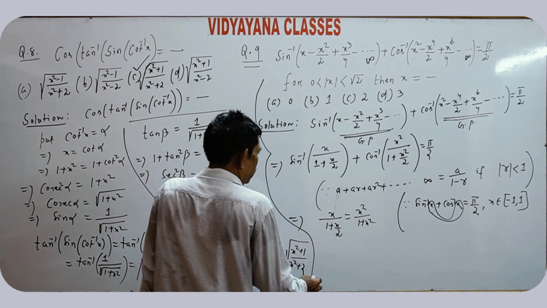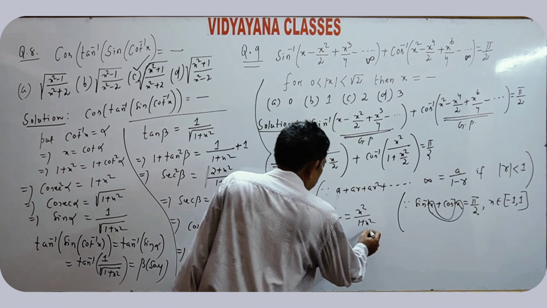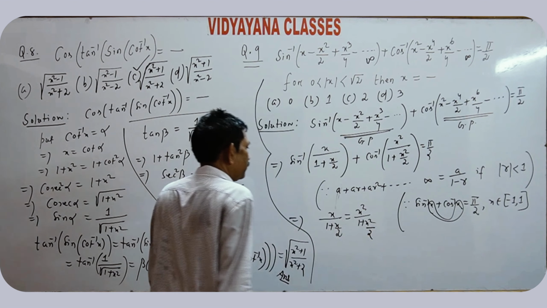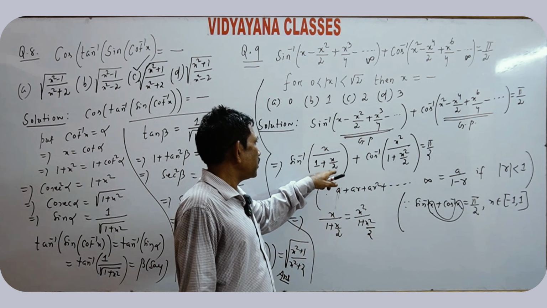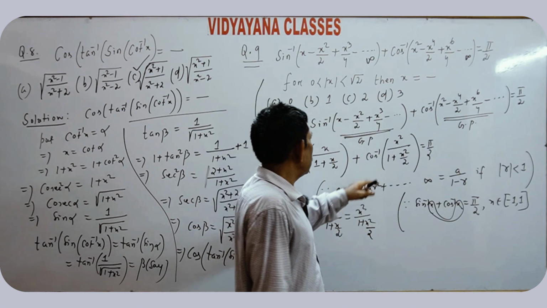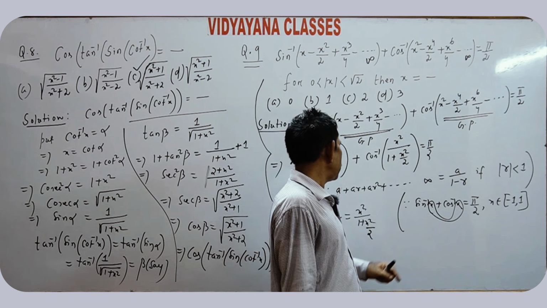By the cross multiplication, x divided by 1 plus x by 2 and x square divided by 1 plus x square by 2.